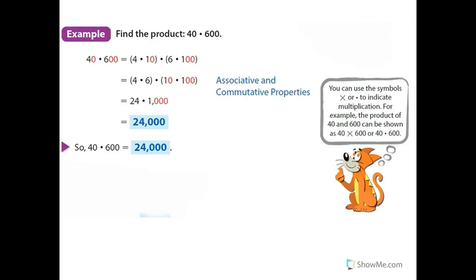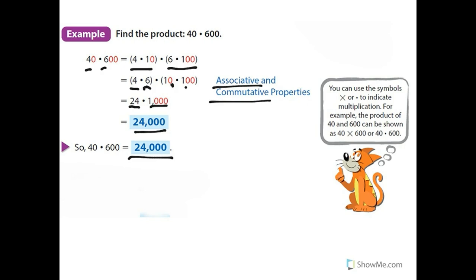All right, so in our next example, it says find the product of 40 times 600. See how it uses the associative property here? And it gives 4 times 6. So I said, remember, doing the non-zero digits, 4 times 6 is 24. 24 times 1,000, because 10 times 100 is 1,000. 24,000. So 40 times 600 is 24,000. And we're using the associative and commutative properties, right?